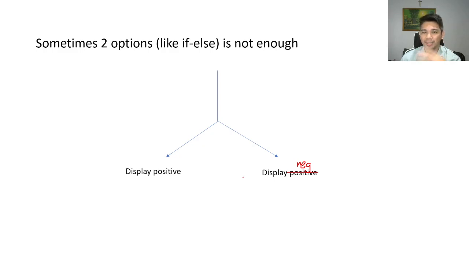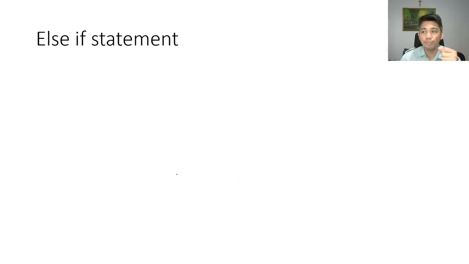Pero, in our given case, ang nilagay niya is 0. So, there must be another option. Dapat maging more than 2 yung paths. Maggagawa tayo ng pangatlo or even pang-apat, pang-lima, pang-anim na path. That is the purpose of the else-if statement.